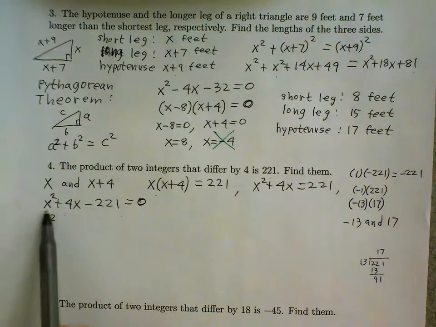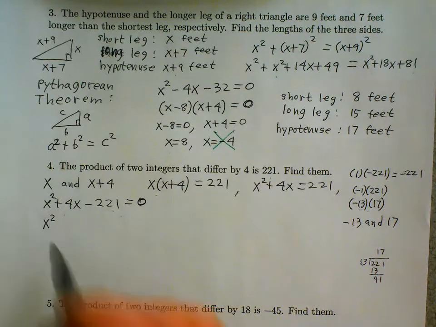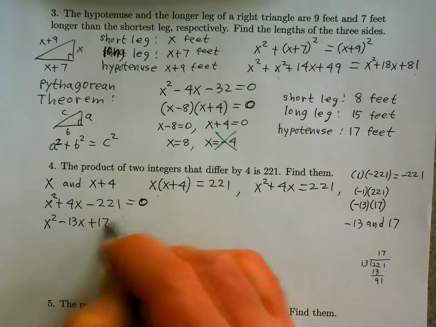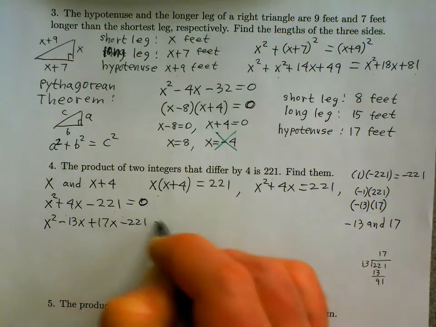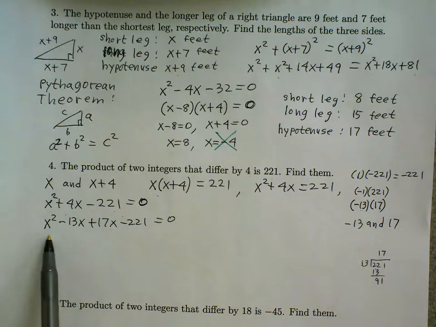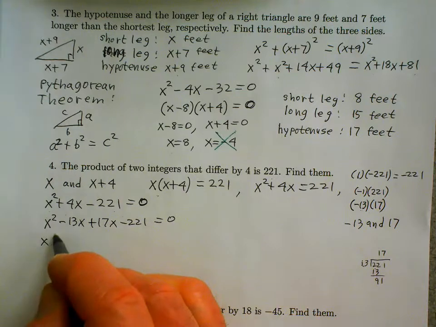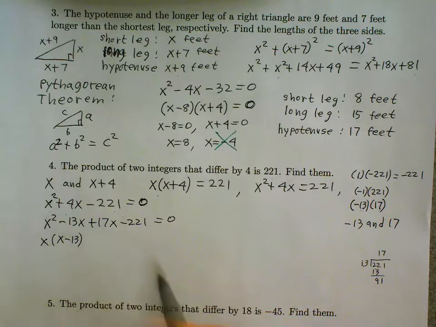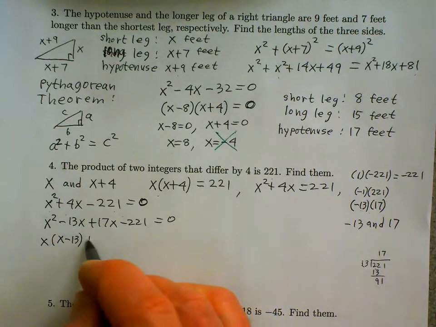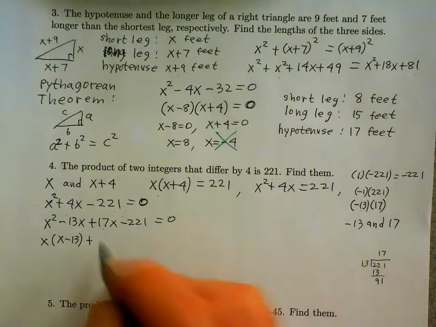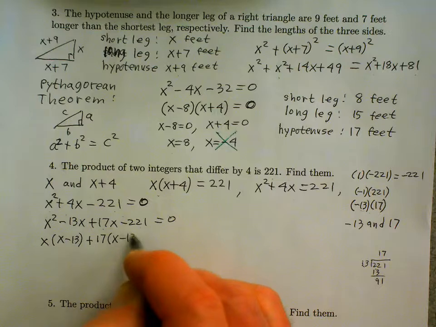Okay, so transform the trinomial into a quadrinomial, x squared minus 13x plus 17x minus 221 equals 0. And then factor by grouping. Out of the first two terms, factor out x, and we get x times x minus 13. Bring down the middle operator of addition, and 17 is the greatest common factor, so we factor out 17 and get x minus 13.